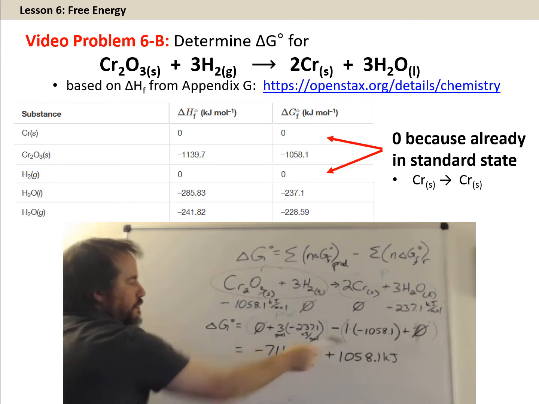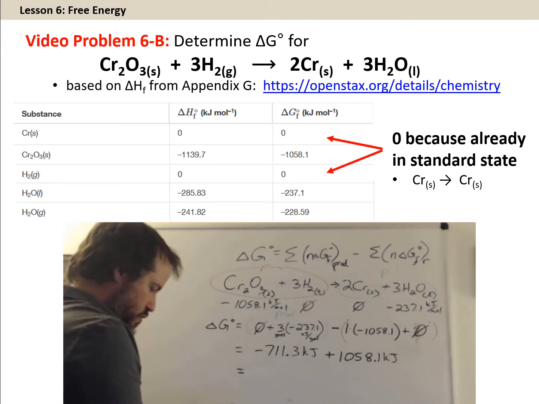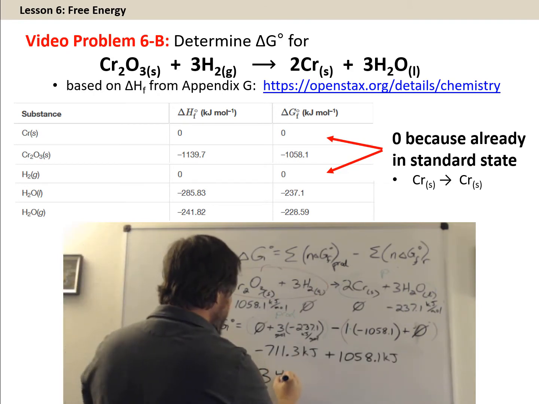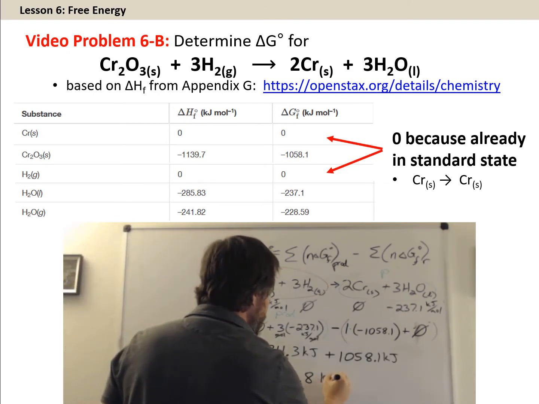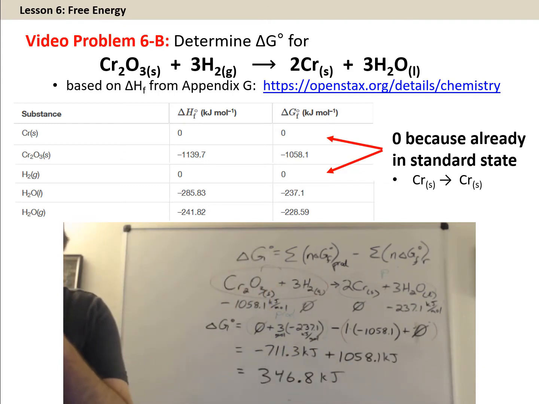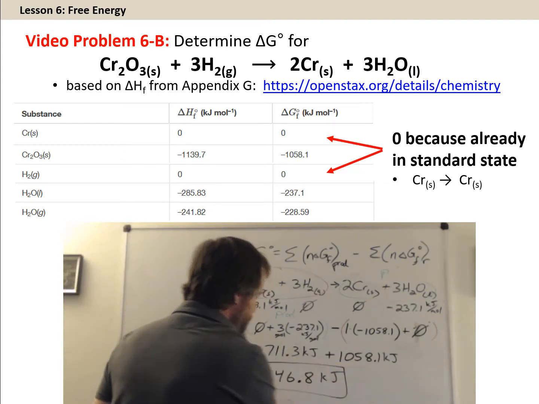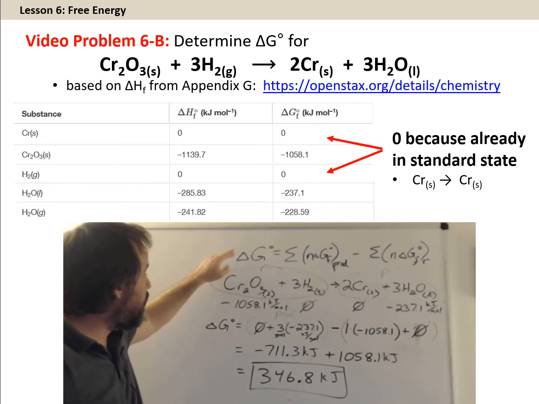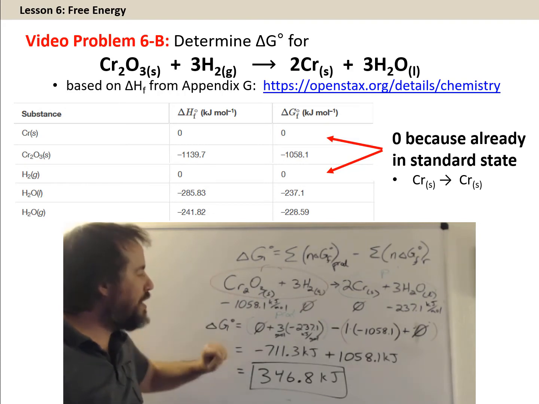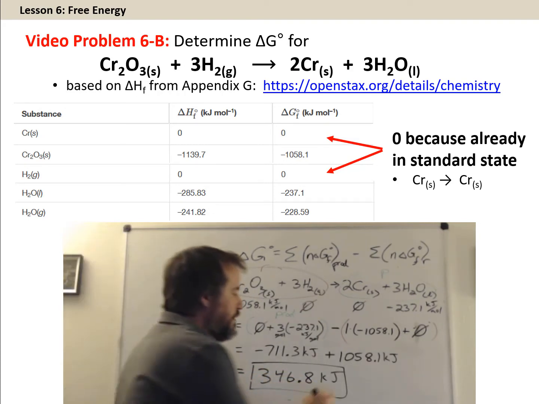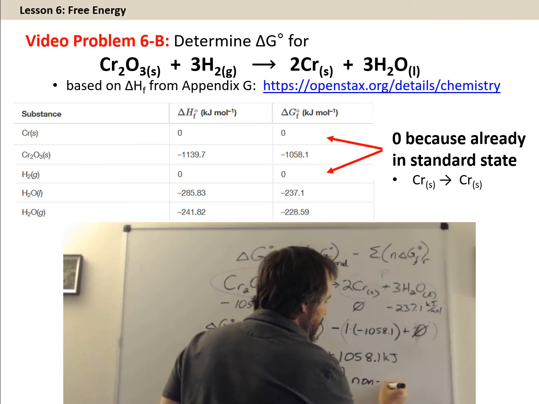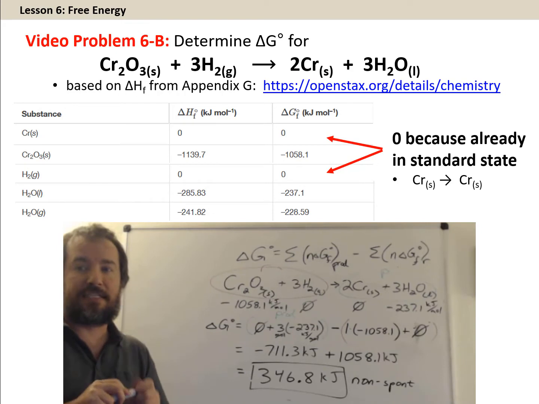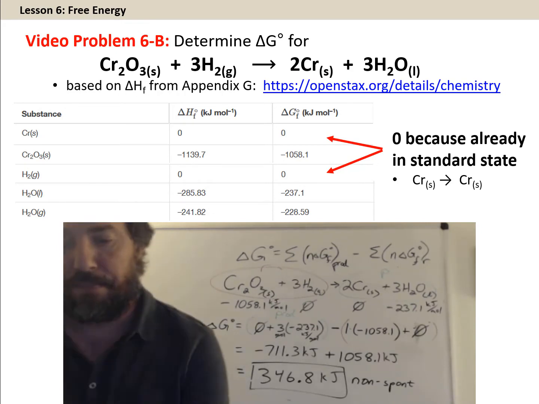So I have negative plus that, which gets me positive 346.8 kilojoules. That is my change in Gibbs free energy. What does this mean? It's positive, so this is non-spontaneous. What that means is at standard conditions, this is not going to occur.